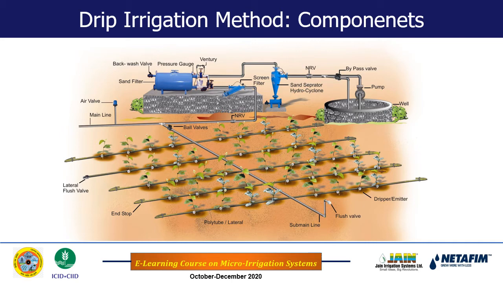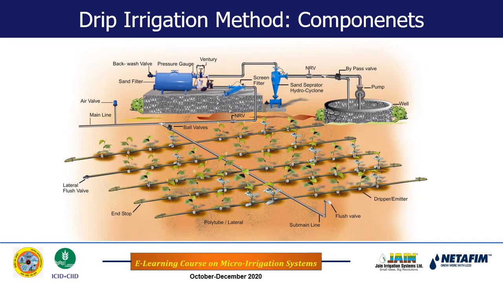Okay, from now this water has entered the main pipeline, and from the main pipeline this water is trying to enter the subunit. So if the valve at the head of the submain of the subunit is on, then this water will enter the subunit.